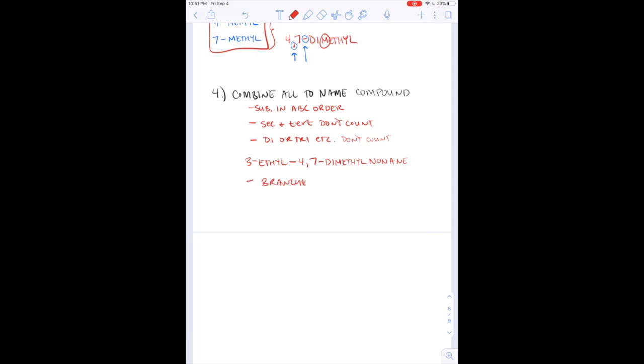So if it's a branched substituent, then it is named as a compound, and we include the prefix in ABC order.